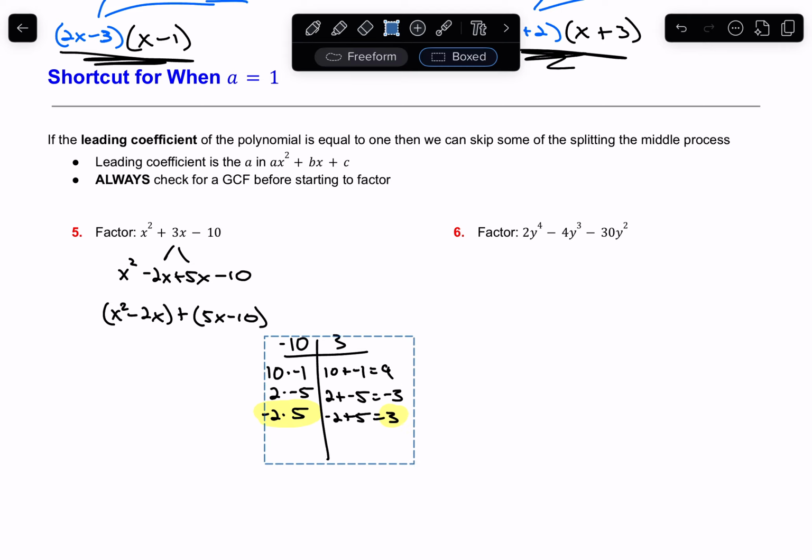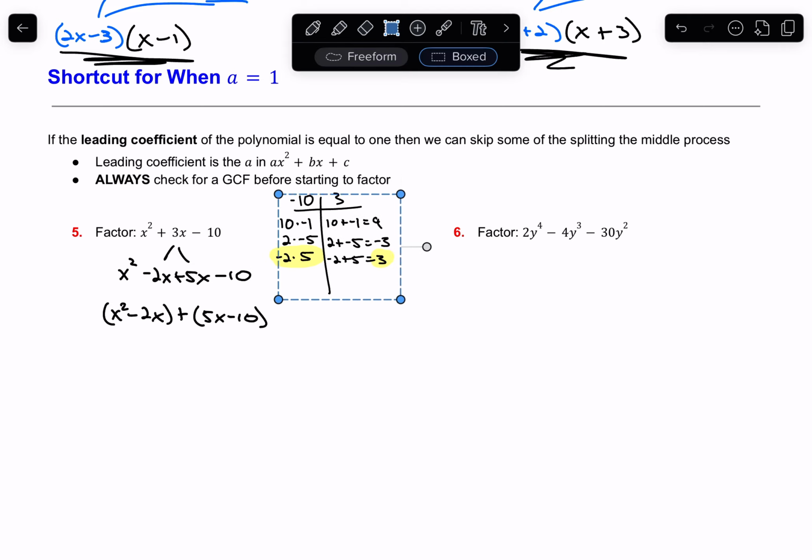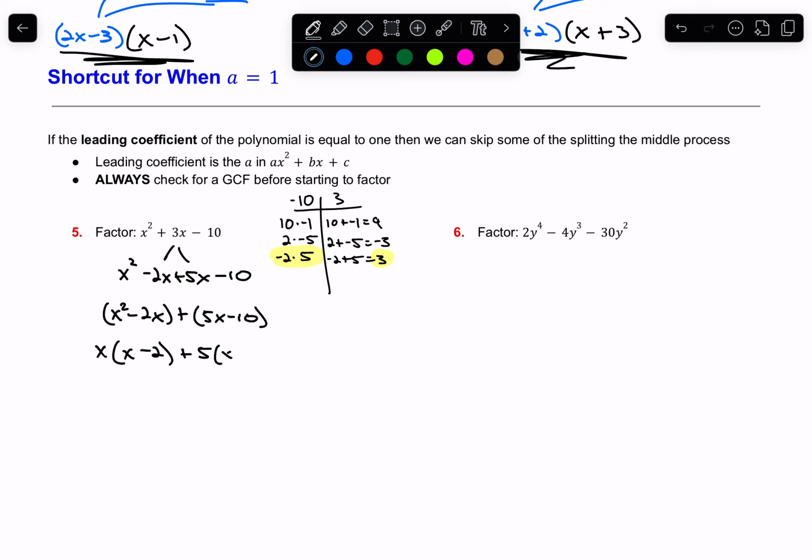Let me move this t-chart more out of my way. I'll put it up there. Okay, now we pull out the GCF. So x comes out of x squared minus 2x to leave me with x minus 2. And 5 comes out of 5x minus 10 to leave me again with x minus 2. Notice the x minus 2's are the same, so I pull those to the front.